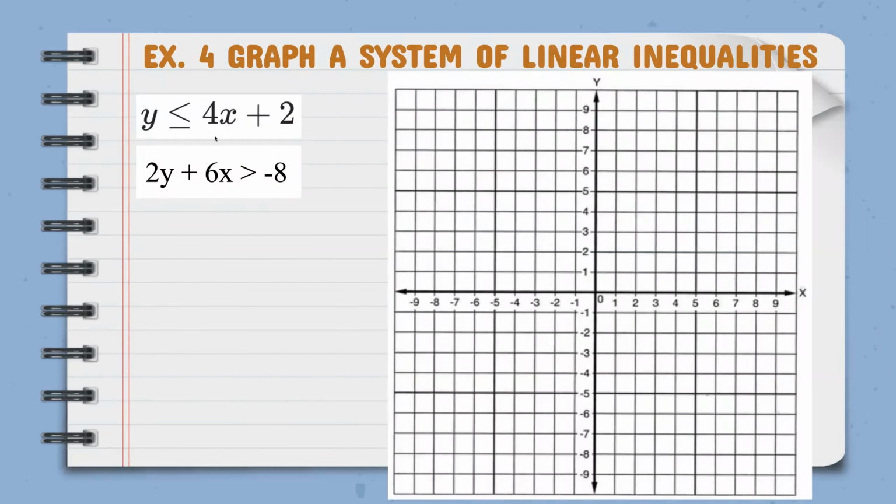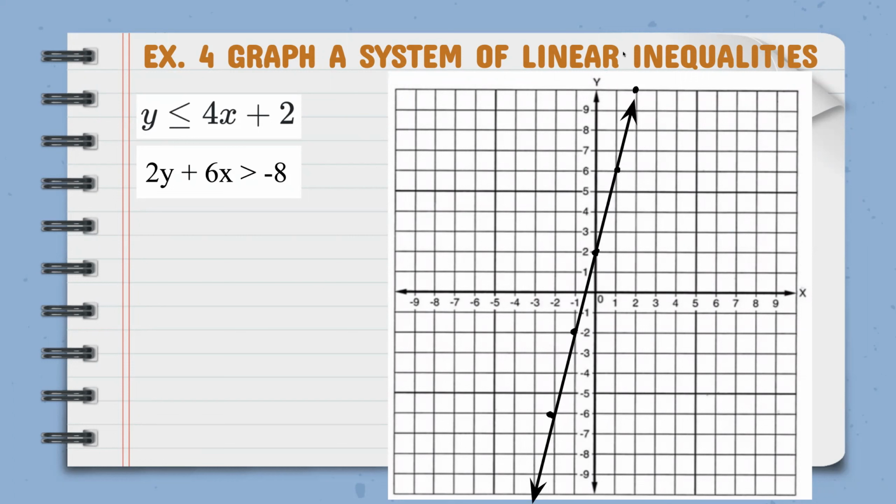I'm going to start with the first one. I start at 2. My slope is 4. Rise up 4 over 1. I can rise -4 over 1. Solid line means it is a solid dash. Let me try to do better.